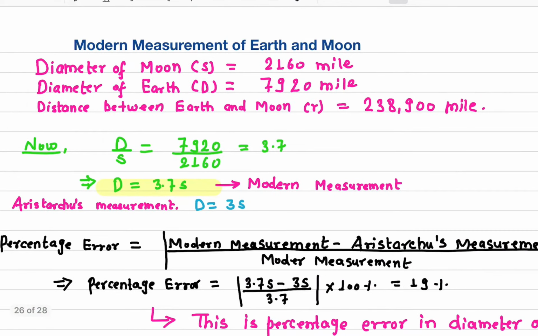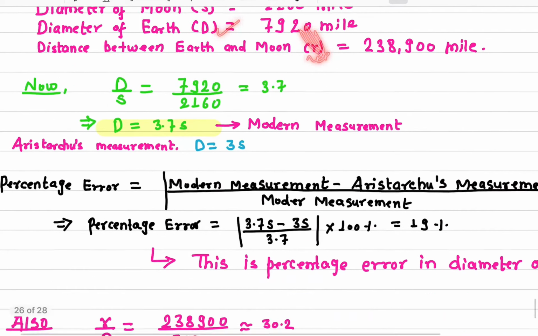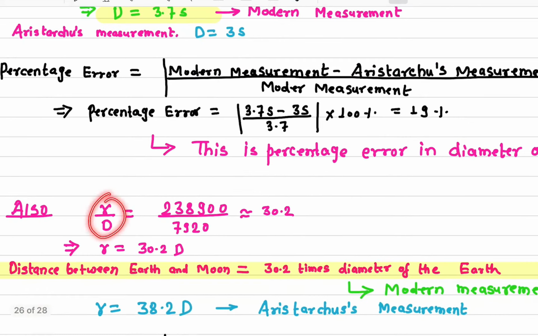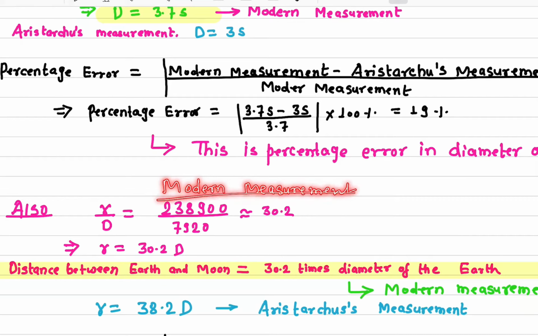And now let's see here R and D. Now let's take a ratio of R and D, again from the modern measurement. With the values, if I take the ratio, then what I get is 30.2. That is again the modern measurement.